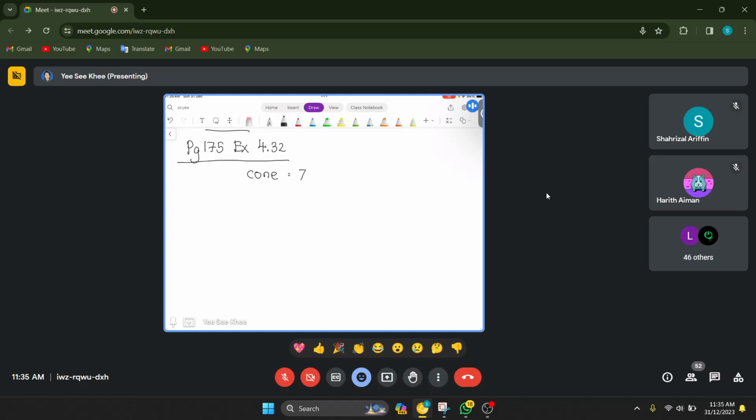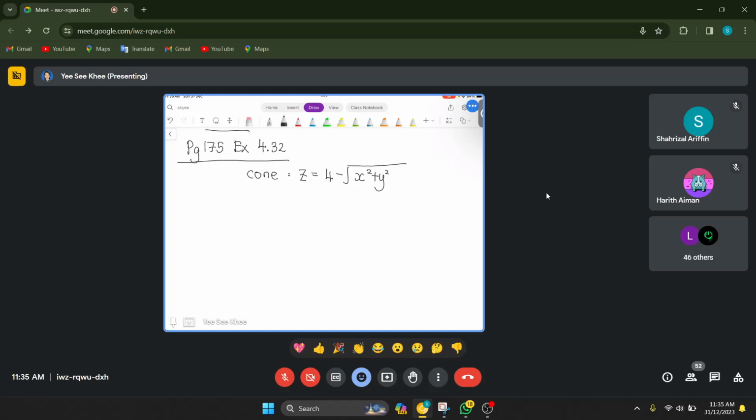The cone has the equation z equals 4 minus, so this is the equation of your cone. And this cone lies above the plane z equals 0.